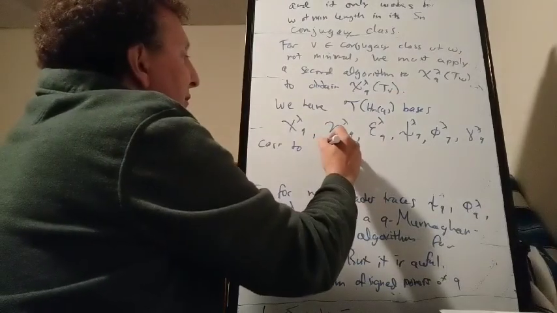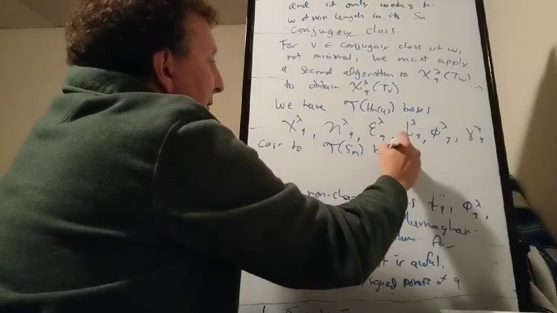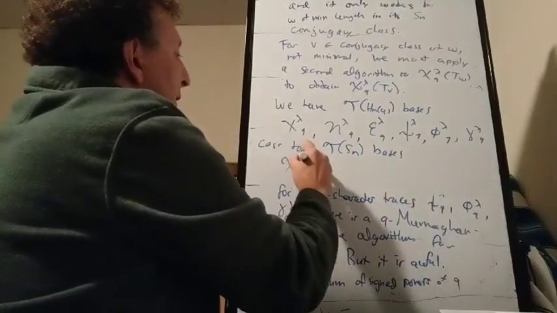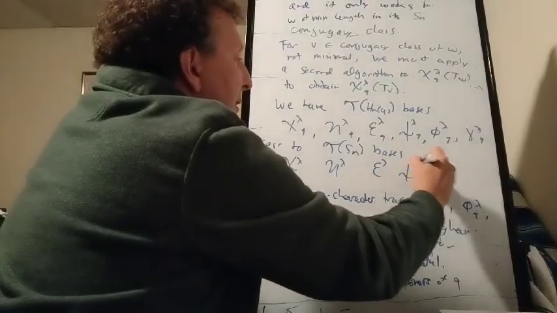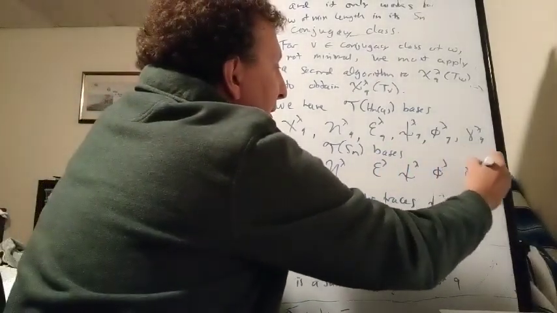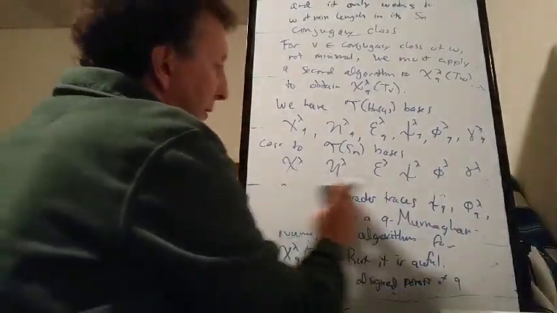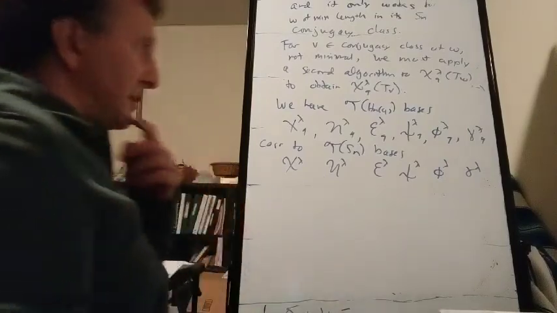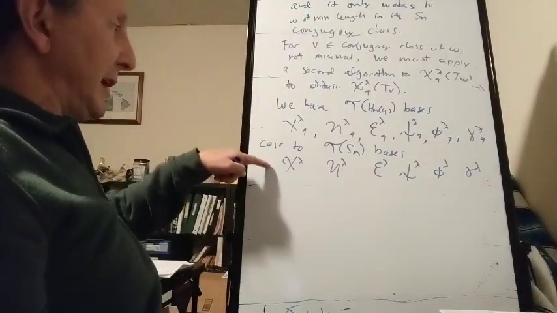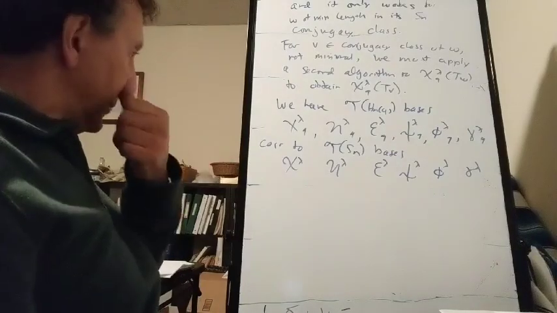These correspond to the symmetric group trace space bases: chi lambda, eta lambda, epsilon lambda, psi lambda, phi lambda, and gamma lambda. And these are all related to each other by the same transition matrices that relate the trace space bases of the symmetric group.